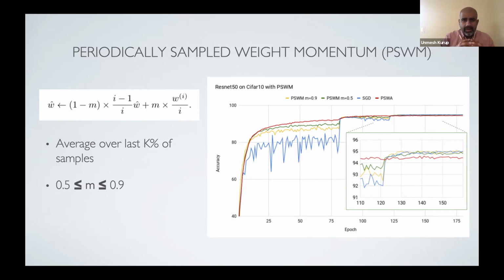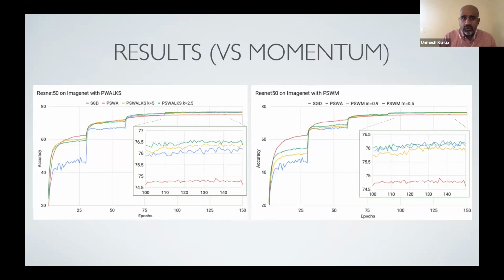So at this point, I know what many of you are thinking. All of these experiments that I've shown are with SGD, and nobody really uses SGD anymore, right? So we also ran experiments with momentum. Momentum is used, actually. A lot of people use momentum. You can see the results when you compare our techniques against momentum.